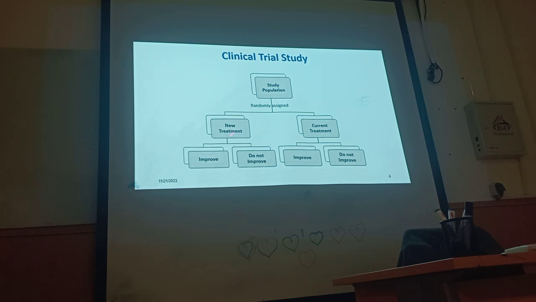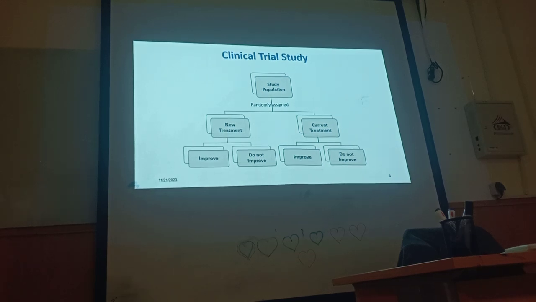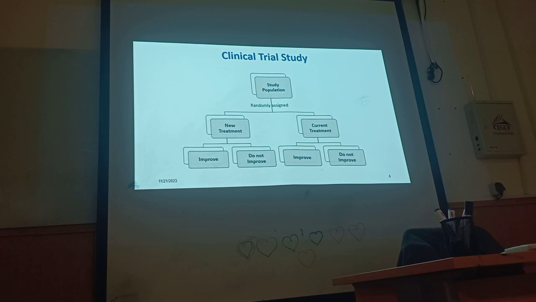And we will follow both groups, those who receive the new treatment and the group who receive the current treatment, to see the rate or risk of improvement in each group. So we have a prospective design in the future, we have follow-up, and we can compare between two groups the rate or risk of improvement between new treatment and the current treatment or no treatment.